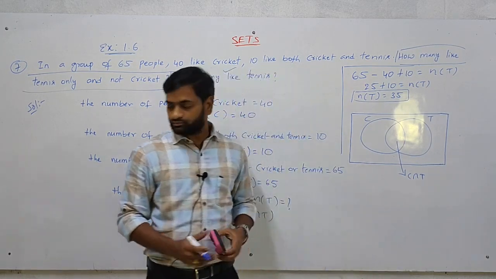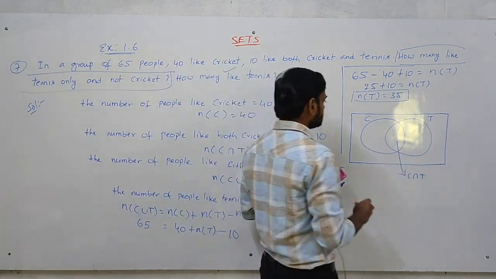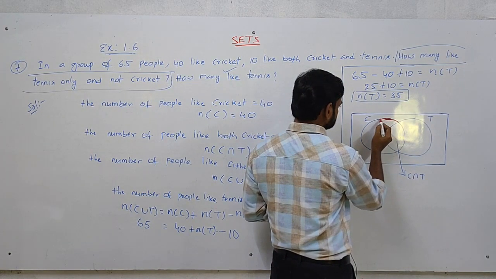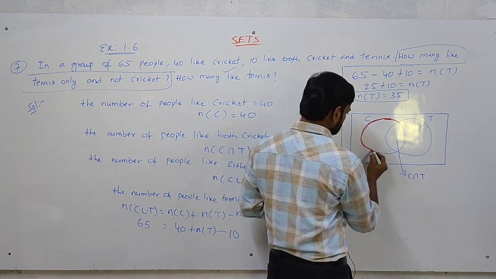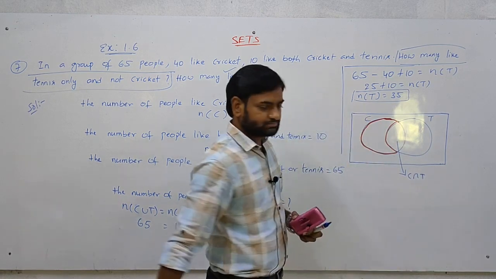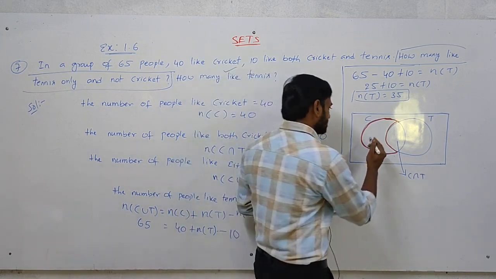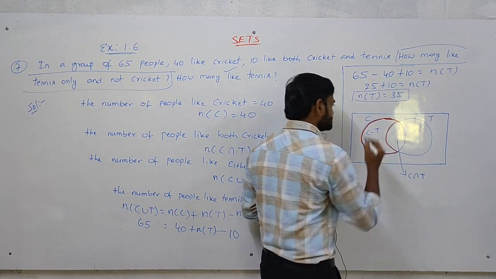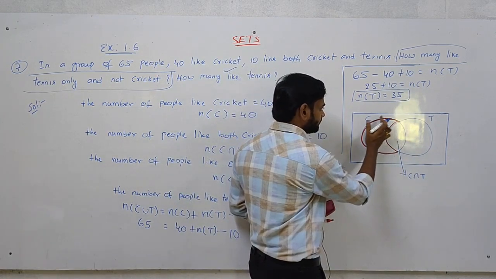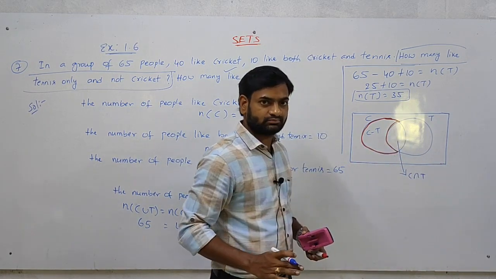Now see this one. What about this part? This part only. This entire part is C minus T. That means from the entire C, I am eliminating the full T. What is the full T?